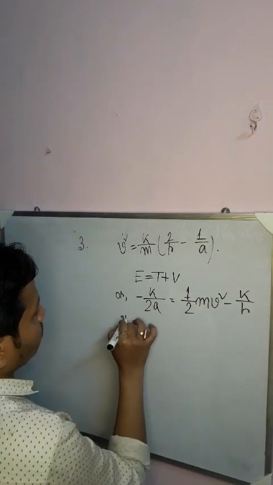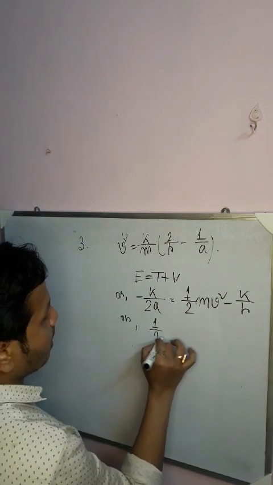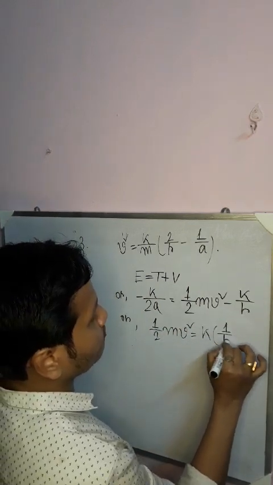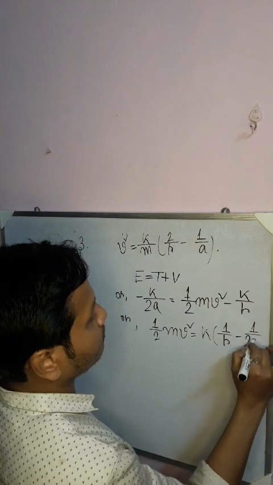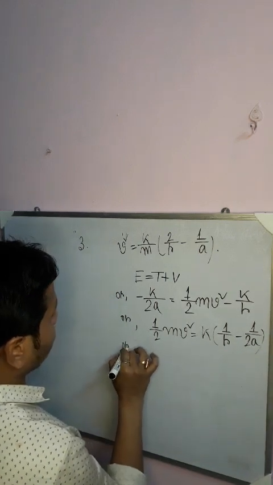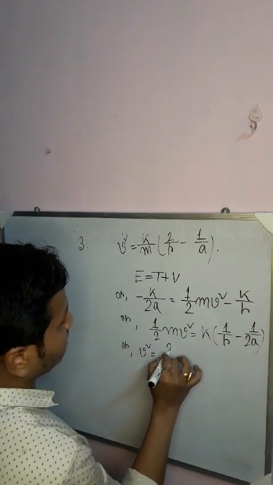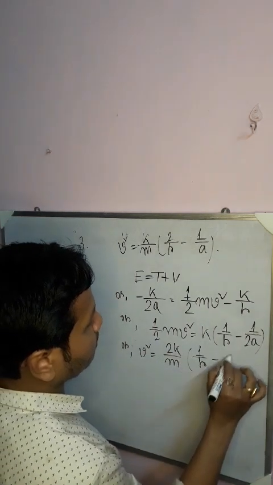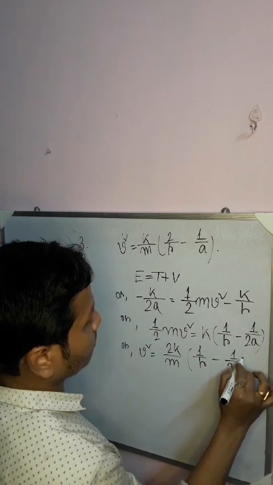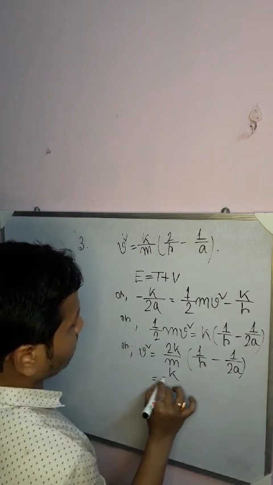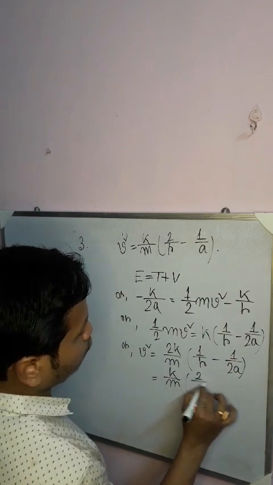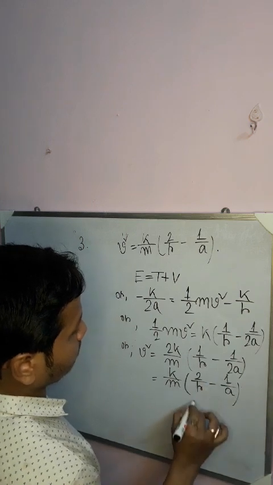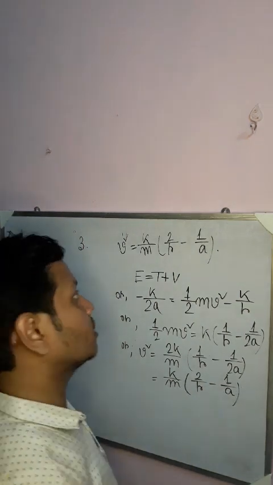So you rearrange it: half m v², you can take k common, so this is simply 1 by r minus 1 upon 2a. Now what will be my v²? That is simply 2k by m into (1 by r minus 1 by 2a). So simply we can write k by m (2 by r minus 1 by a). Okay, so this is our required result.